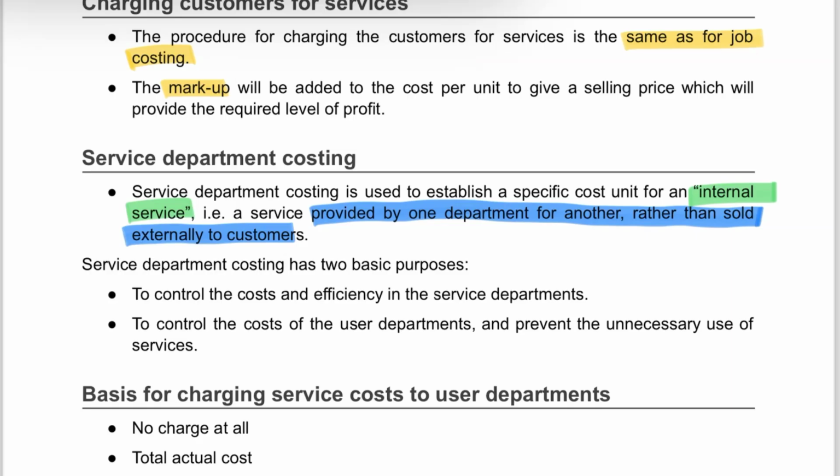Rather, by identifying the cost, we can control overall cost, which is ultimately going to affect our profitability, and to manage efficiency. At the same time, we want to prevent the unnecessary use of the service.